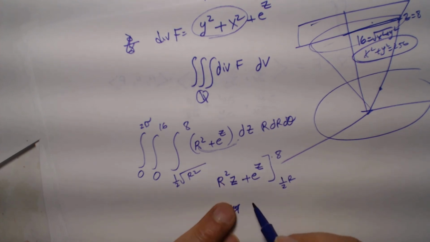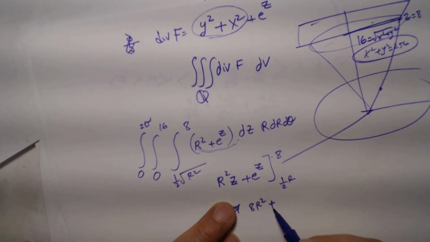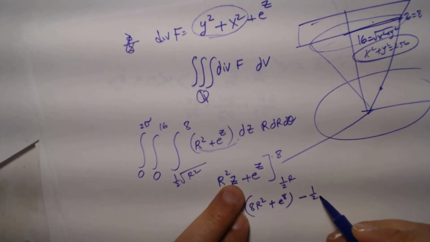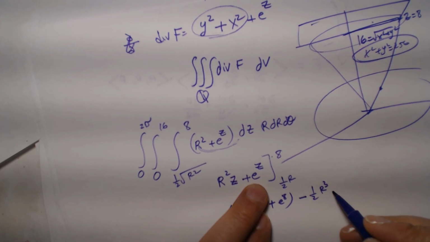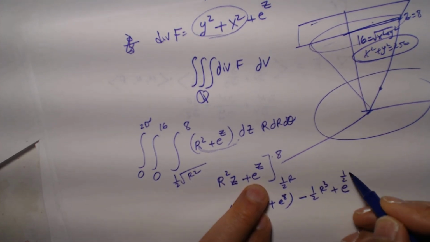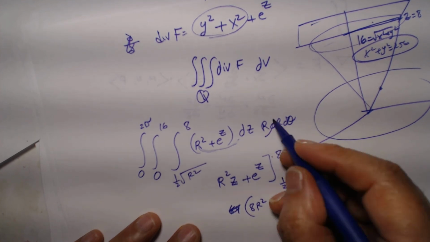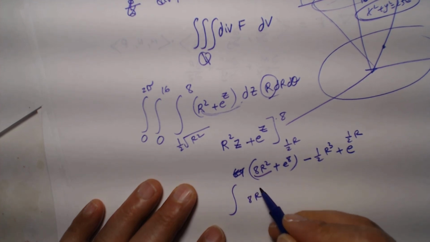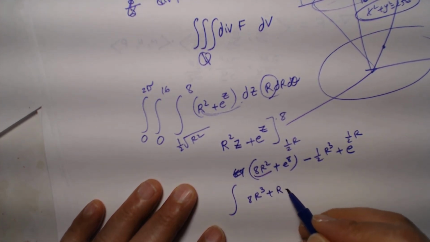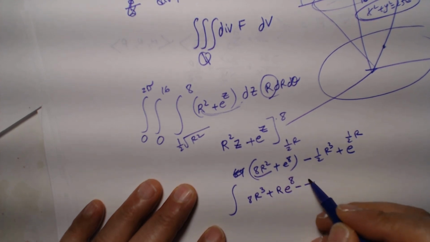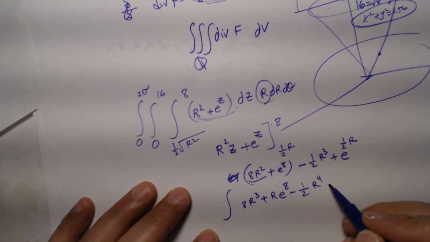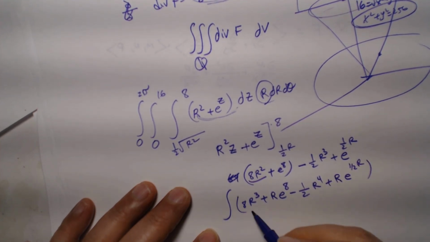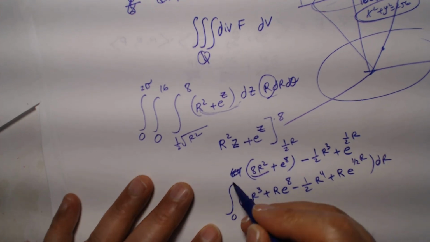That's your z. 8 r squared plus e to the power of 8 minus 1/2 r cubed plus e to the power of 1/2 r. Right now I have another r in here. Therefore I have 8 r cubed plus r e to the power of 8 minus 1/2 r to the power of 4 plus r e to the power of 1/2 r dr, and your r is from 0 to 16.